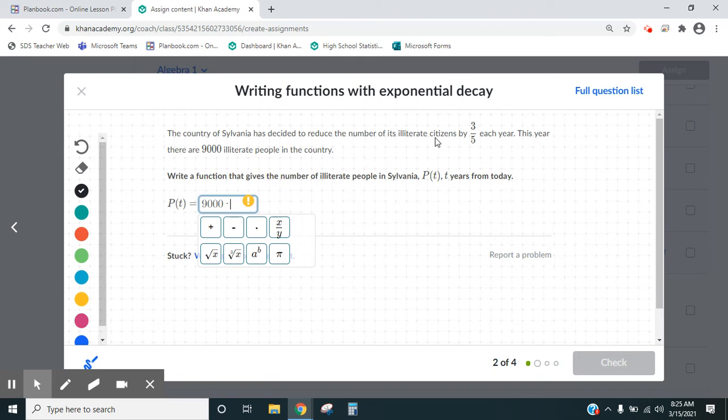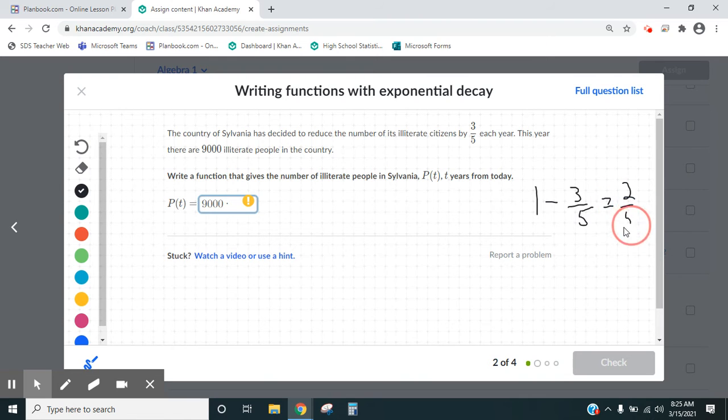So I'm thinking to myself, what do they mean by reduce the number of its citizens by 3/5? I'm thinking this could be one of two things, right? Either we're taking away 3/5, or we're just multiplying by 3/5, so it's just going to be 3/5.